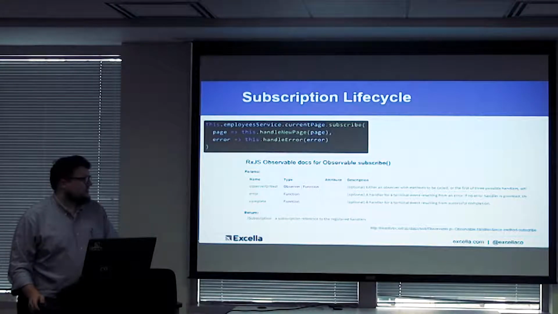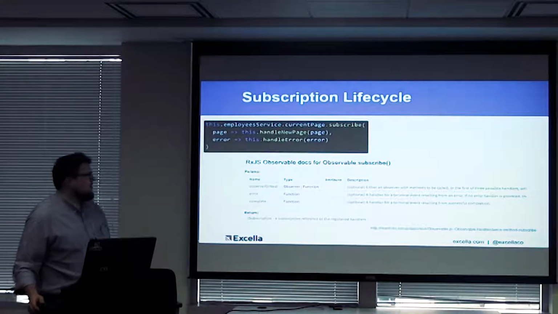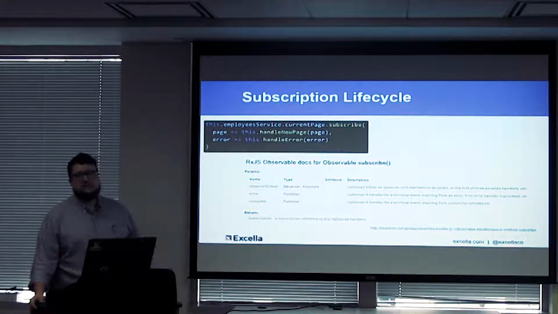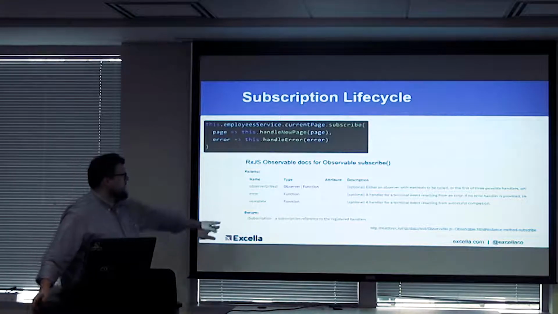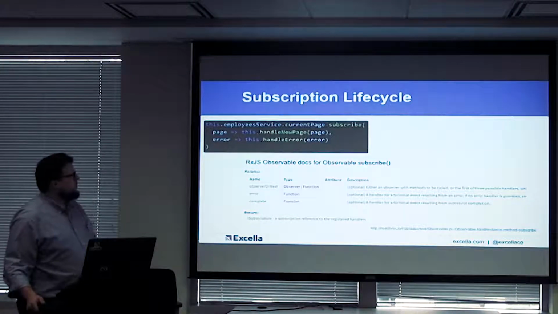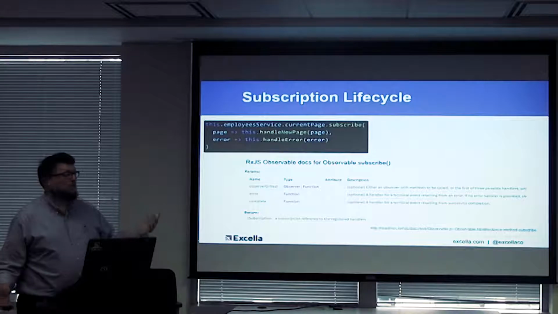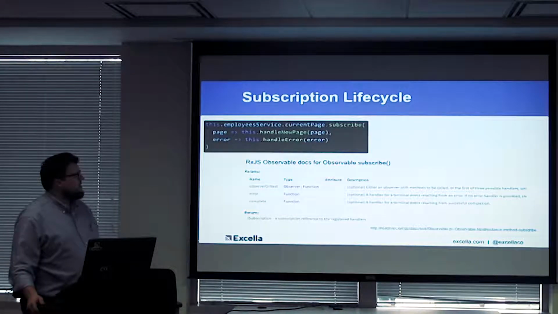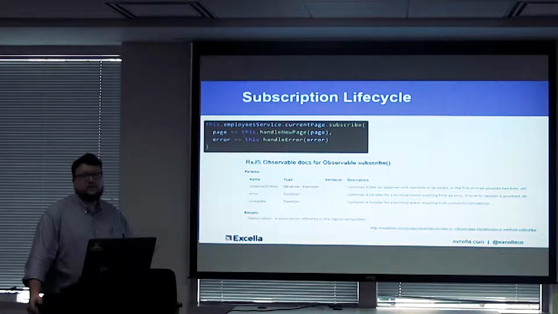If the event was a successful event of some sort, then the observable calls the next function on the observer, and that is our success path, which the docs note as observer or next, but we can call it whatever we want, typically bringing in that input and passing it off to some sort of function. There's the error path for anything that happens to go wrong. Interesting thing about that is for all of our observables, if an error gets thrown, it also shuts down and it will not emit any further events.